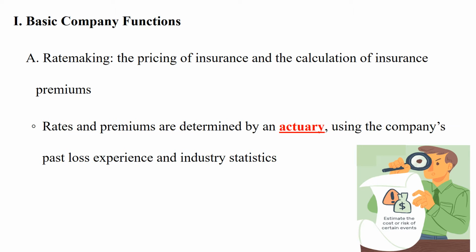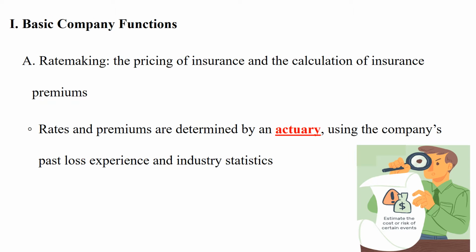And how to become an actuary? You need to pass several exams held by the Society of Actuaries to be qualified as an actuary. An actuary uses the company's own experience and industry statistics to decide the appropriate insurance premiums.